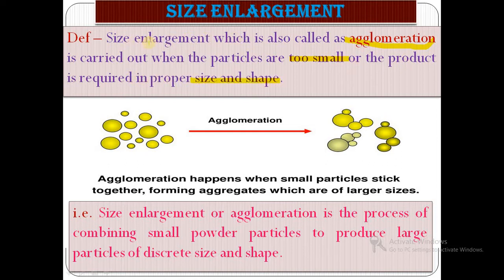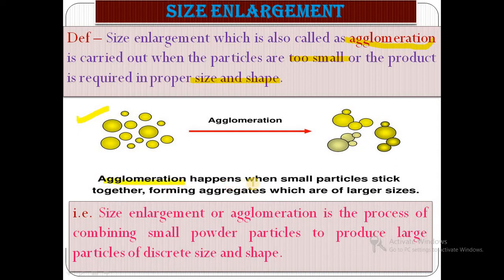Another name for it is agglomeration, in which very small particles are converted into uniform particles of specific size and shape, or uniform solid materials. In this diagram, very fine powder materials stick with each other in the agglomeration process, and we get small uniform solids of definite size and shape. So this is the size enlargement principle.